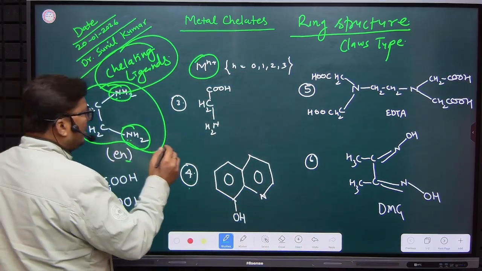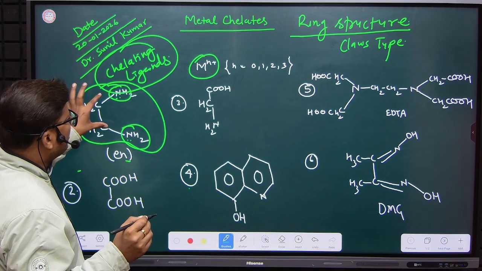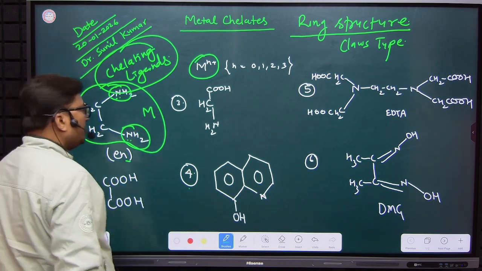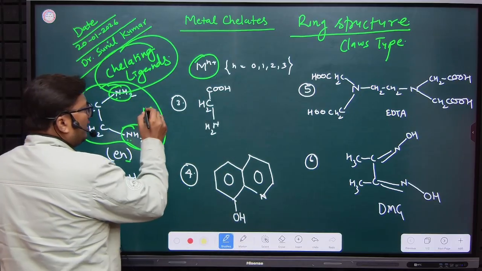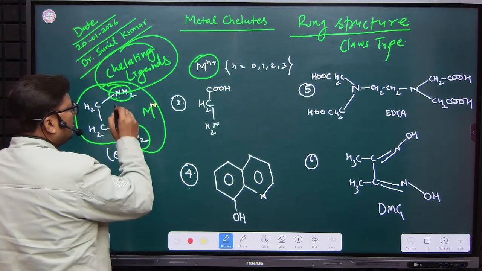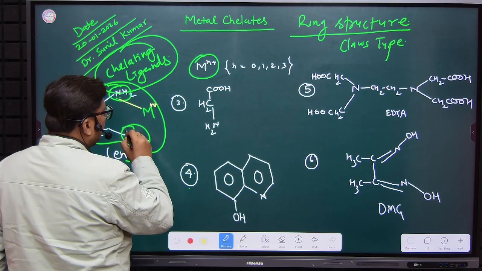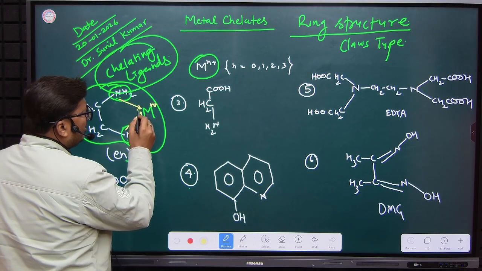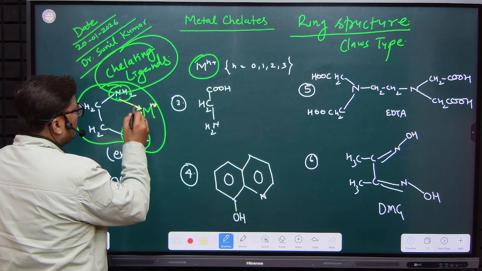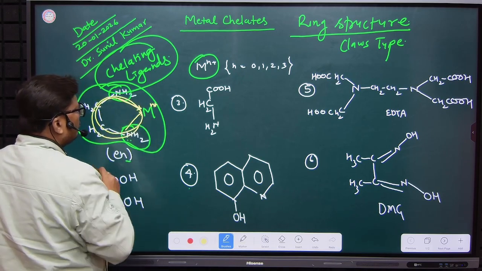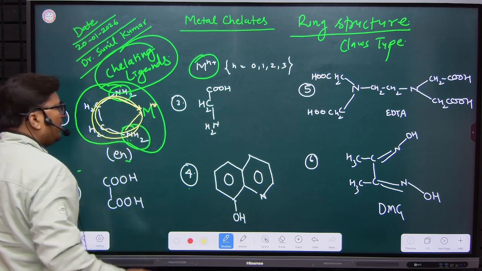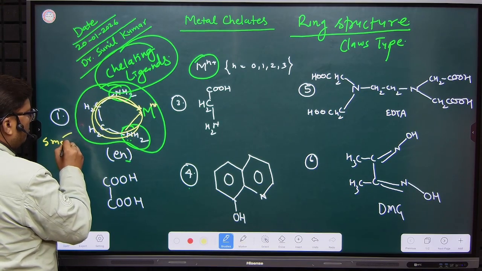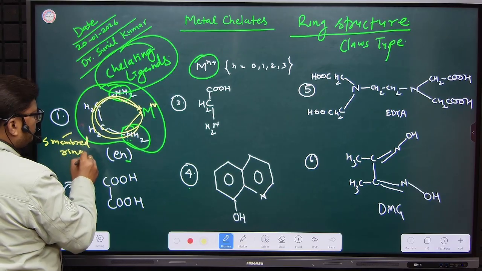Once a metal comes closer to this particular chelating ligand, suppose we have M, the metal in an oxidation state n+, ultimately they can coordinate to this metal cation. This forms a ring-like structure including the metal: 1, 2, 3, 4, 5, a five-membered ring.